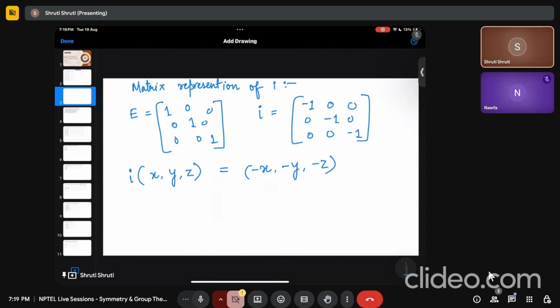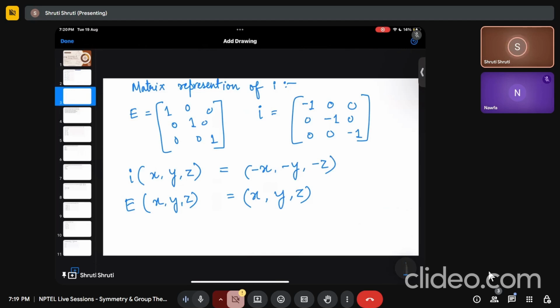So the matrix representation of E is the identity, and if E is applied, it stays as it is. So E is 1 1 1 on the diagonal and the center of inversion I is minus 1 minus 1 minus 1. Now we have one of the matrices.